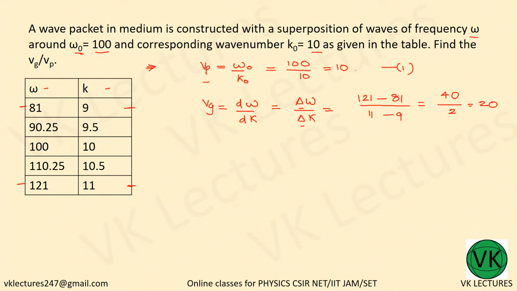Now we need Vg by Vp. Vg we got as 20, Vp as 10, so you get 2. So Vg is equal to 2 times Vp. If you go like this, it is a bit different.